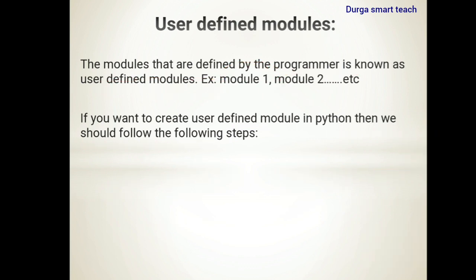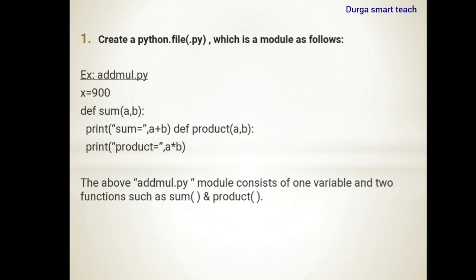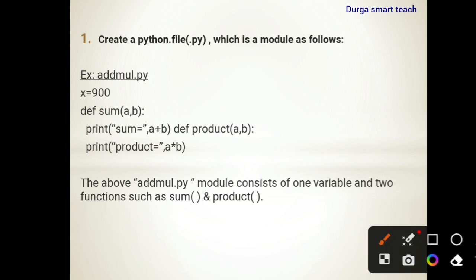So let's see. First we need to create a file, a Python file. The Python file has the extension .py. C files have .c, Java files have .java, as well as Python has the .py extension.